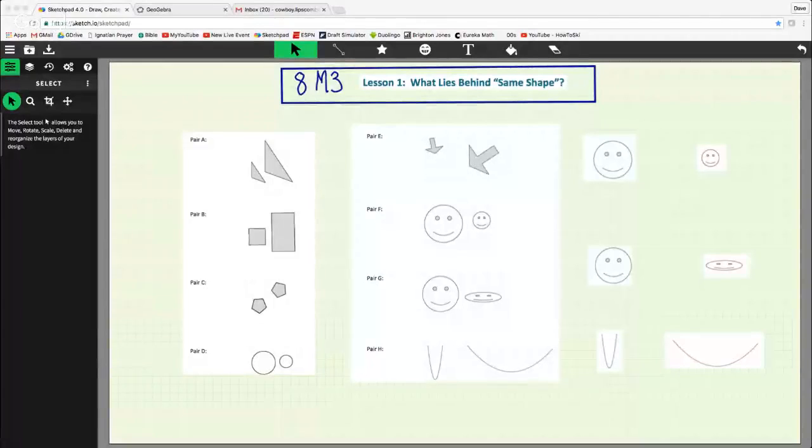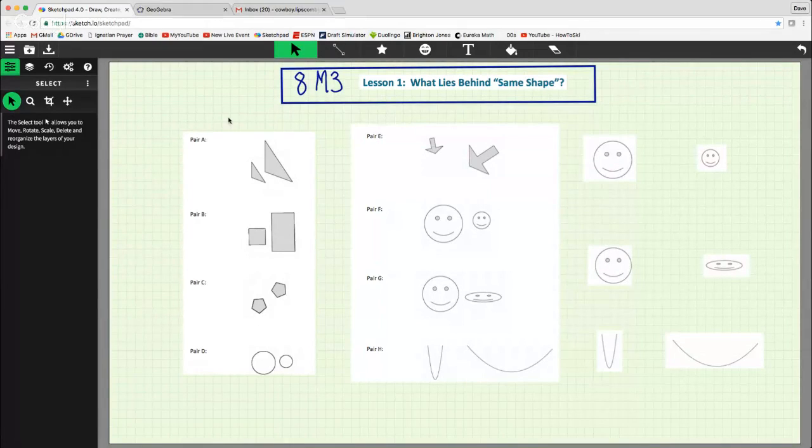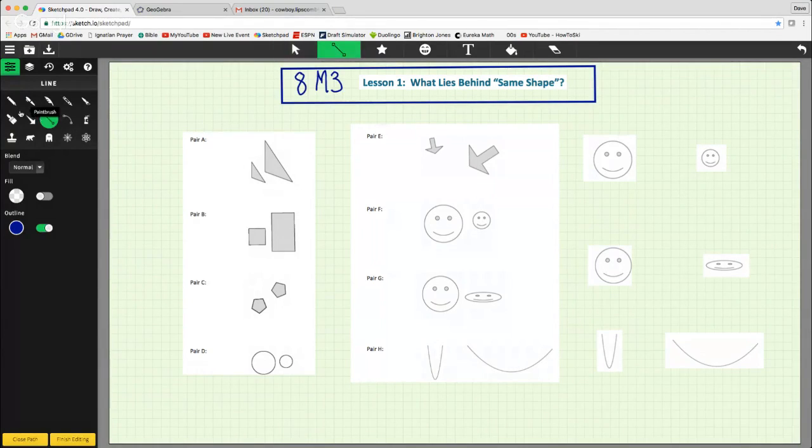So let's cut over then to our sketch pad, and let's learn a little bit about these guys. So here we go, window, sketch pad. Okay, these pictures here are from your lesson, and you went over these, I think, in class today, and we talked about the idea of similarity.